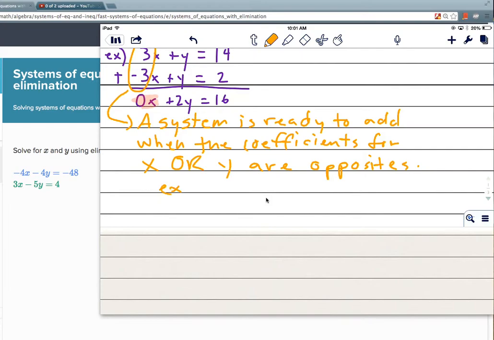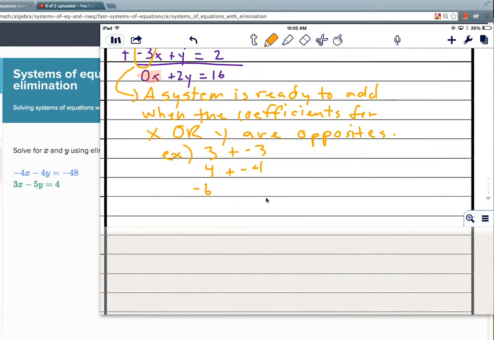So an example, 3 and negative 3 are opposites. 4 and negative 4 are opposites. Negative 6 and positive 6 are opposites because when you add them all together, you get 0.